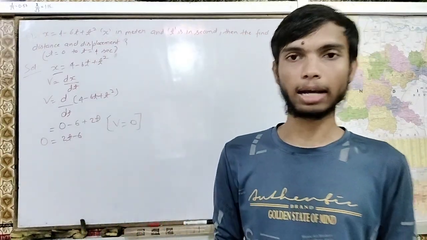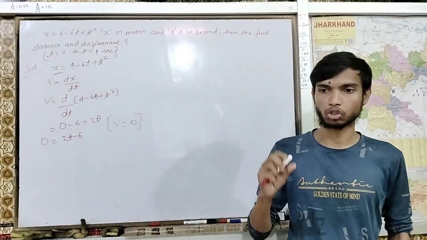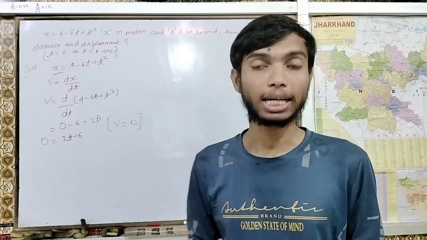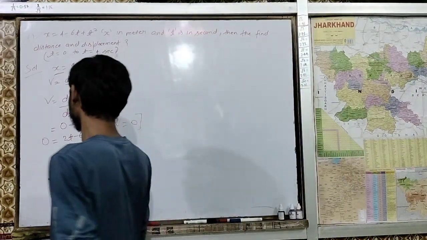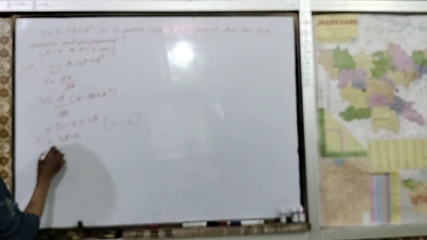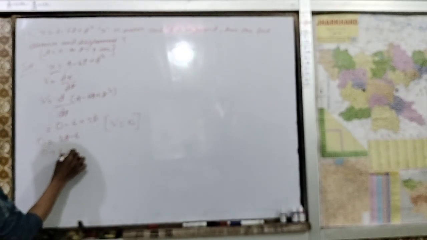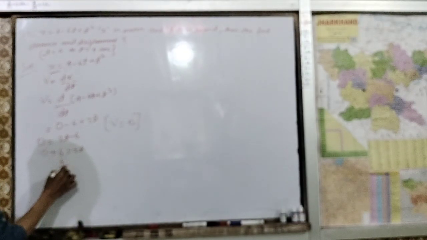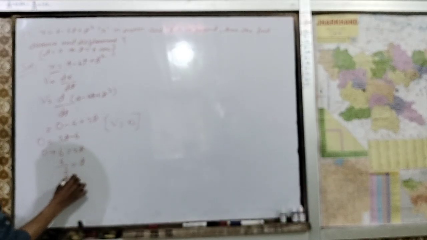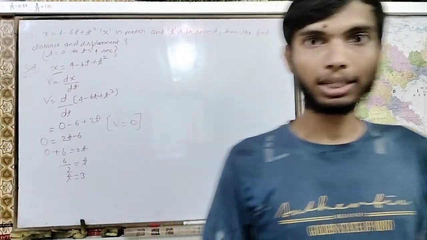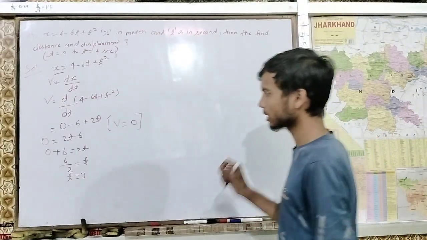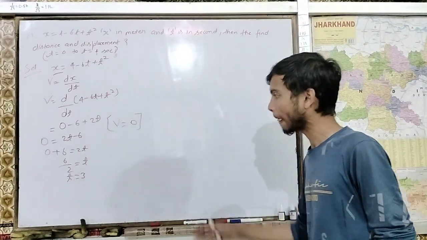At this time, velocity is becoming 0. It means a body will be at rest. So here 2t minus 6 is equal to 0, so 6 upon 2. So this is coming equal to 3. So t is 3.